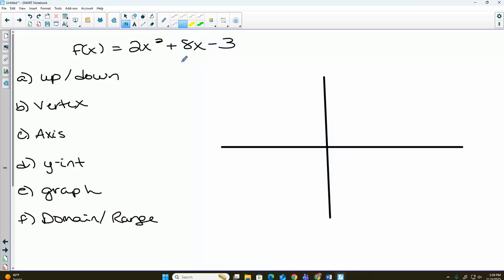How do you know if a parabola opens up or down? So this is positive, so it opens up. Okay, how do I find my vertex?